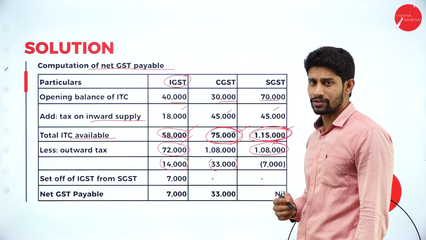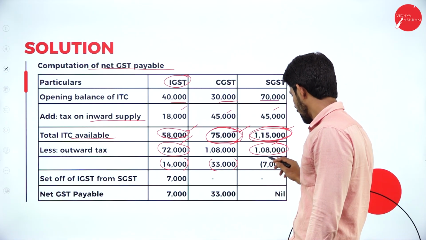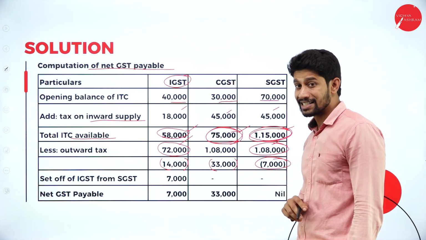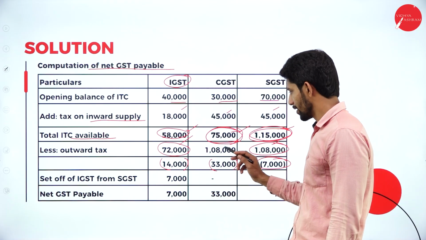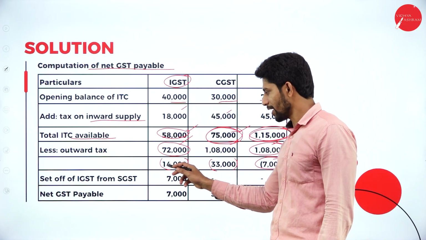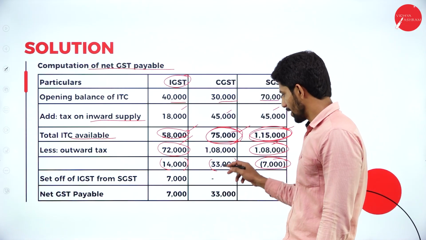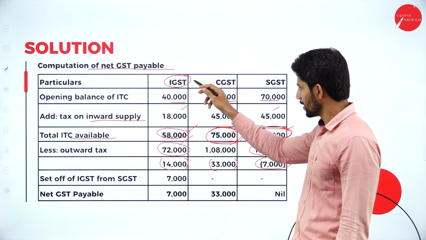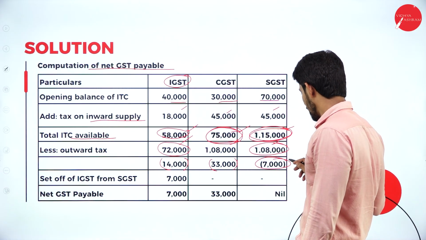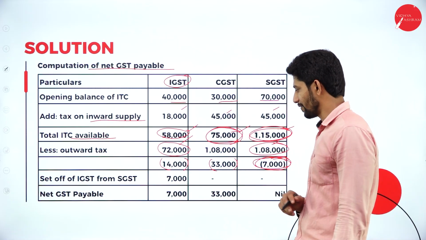So what is the remaining balance you have still? Yes, in your account you still have a balance of 7,000. Here you have negative balances of 14,000 and 33,000. That means you still have to pay 14,000 of tax and 33,000 of tax under IGST and CGST. But under SGST you have an excess of 7,000.